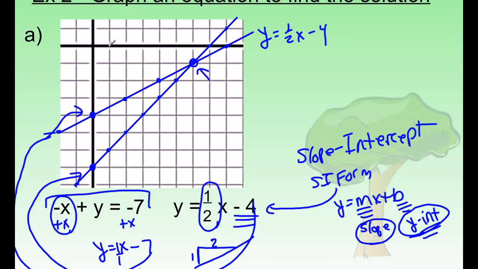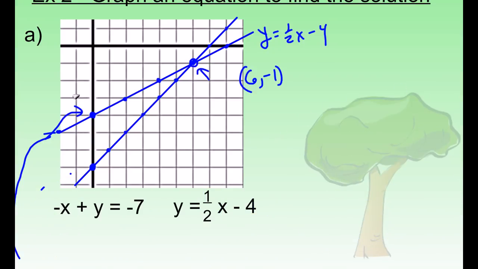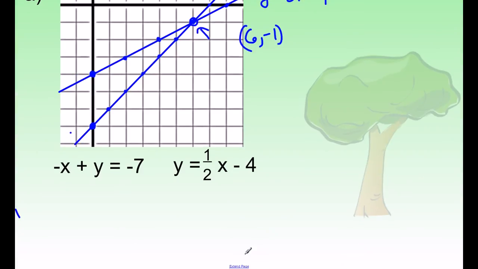That point is the point 6, -1. So if I plugged the point 6, -1 into both of these equations, they should both be true because that point is on both lines. Well, let's check. -1 equals 1/2 of 6 minus 4, and -6 plus -1 equals -7.